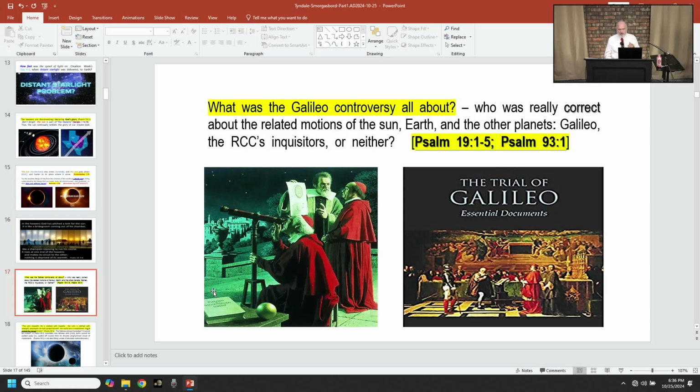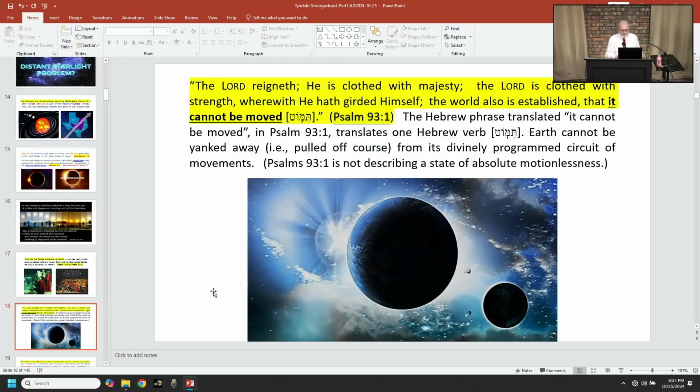But the sun also has a circuit, and we see that in Psalm 19. So if both sides had been looking at their Bibles, they would have gotten it both right. That is, the earth is not motionless, but the sun is not motionless either. They both are in motion, and in fact, there are scriptures that talk about it. Another scripture that came into the discussion back then was Psalm 93:1.